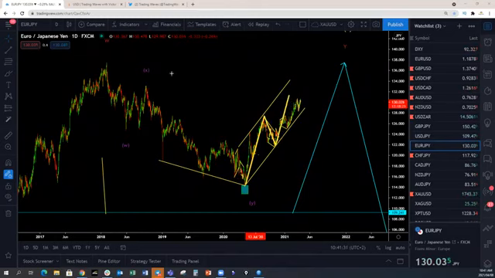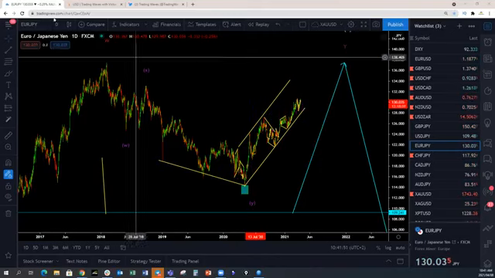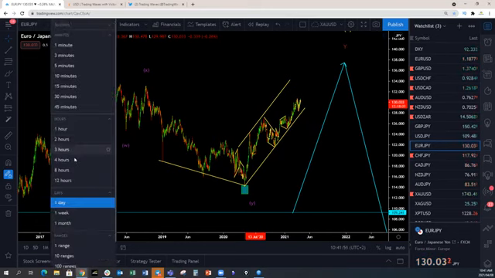But we still expect this move to continue higher. So how would it continue to the upside if we are looking for downside at current levels? This gives us a correction, which is currently what's happening now before resuming up higher. So that is a trade setup on the euro. Let's go look on the 4-hour to see if we are getting an entry.